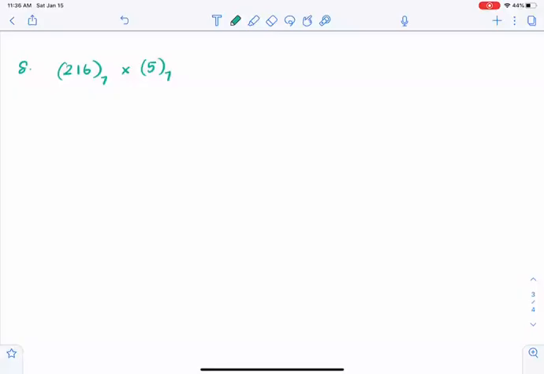So here we want to multiply 216 in base 7 with 5 in base 7. 7 raised 0 is 1, 7 raised 1 is 7, 7 squared is 49, 7 cubed is 343, and it keeps on going.